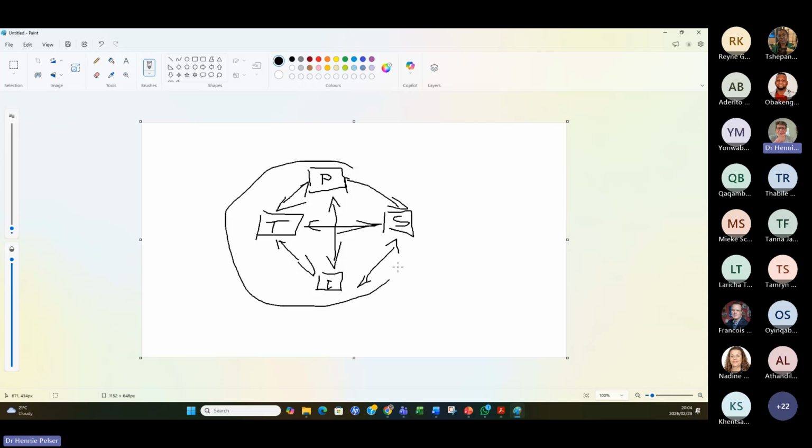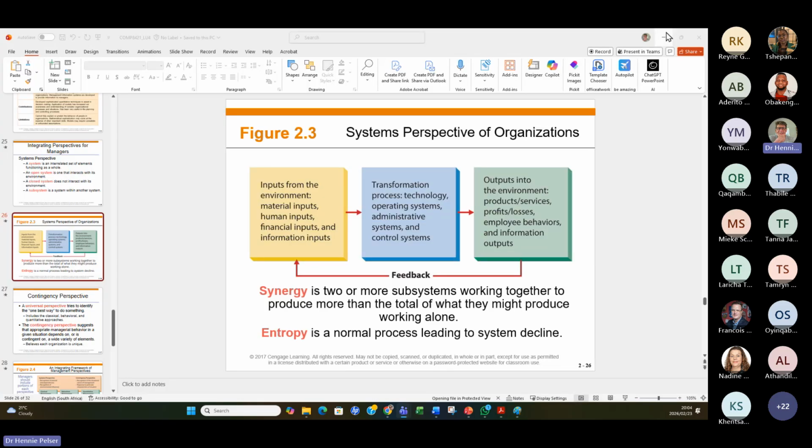And as a whole, that then aligns with the external environment and constantly updates itself in order to track the external environment.